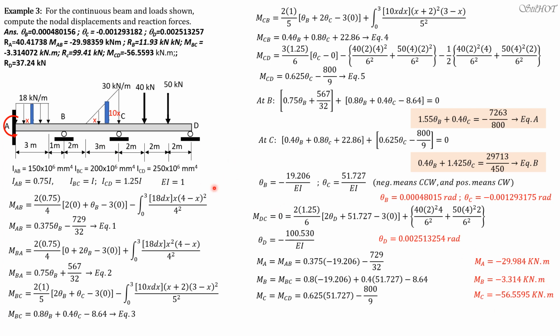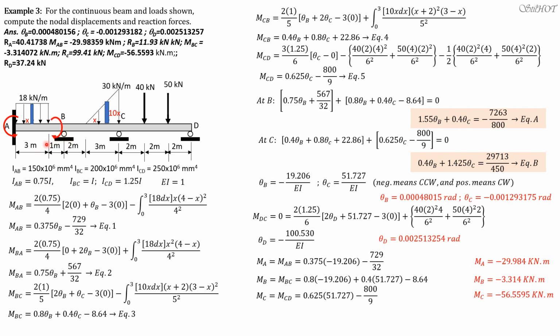So these moments here, the directions would be: moment A, counterclockwise, remember, 29.984. So this is now positive because this is counterclockwise. At BA, it's clockwise. So moment BA actually is the negative of moment BC. So it's positive because it's clockwise here.